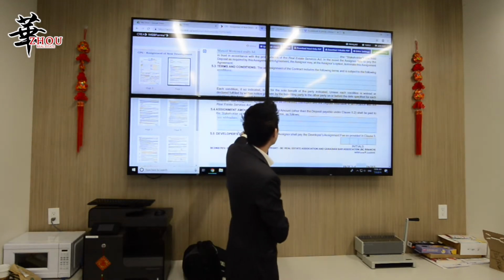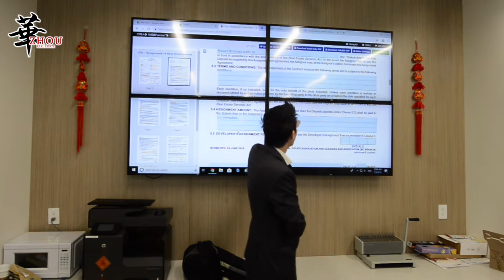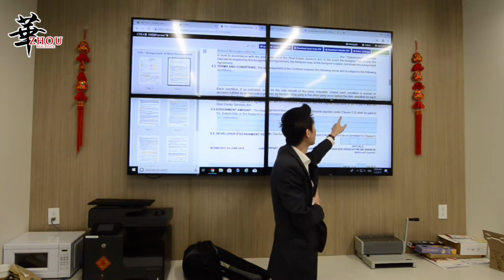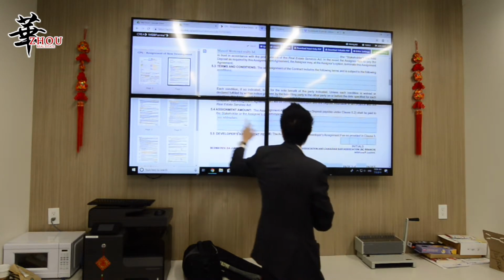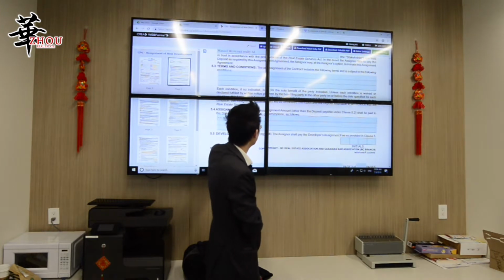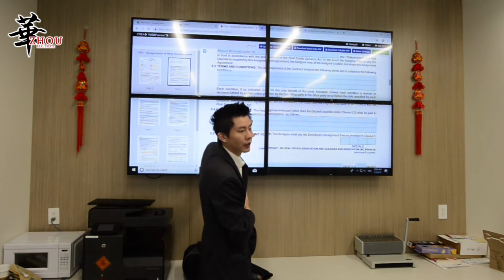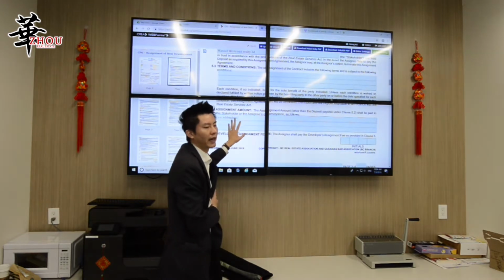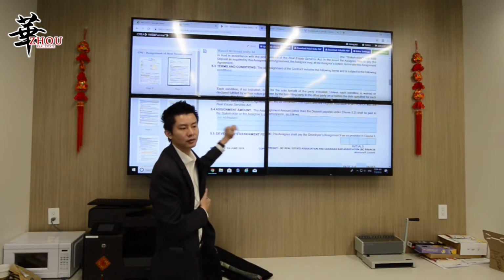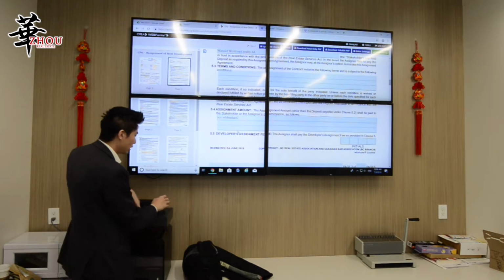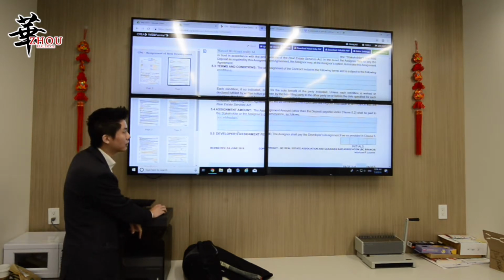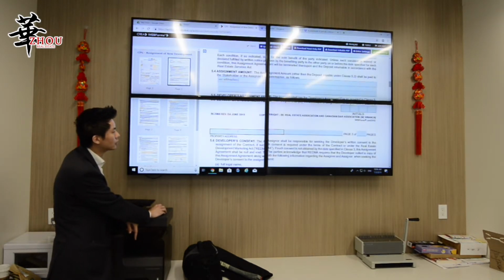If you read here, it says the assignment amount other than the deposit payable under clause 5.2 shall be paid to the stakeholder or the assignee's conveyancer as follows. So this one is telling you how they're going to pay the assignment amount. It's like an instruction how they're going to pay assignment amount.